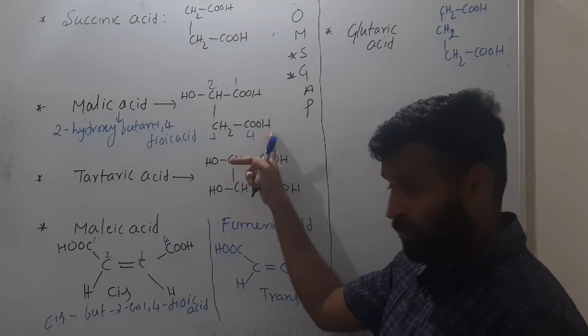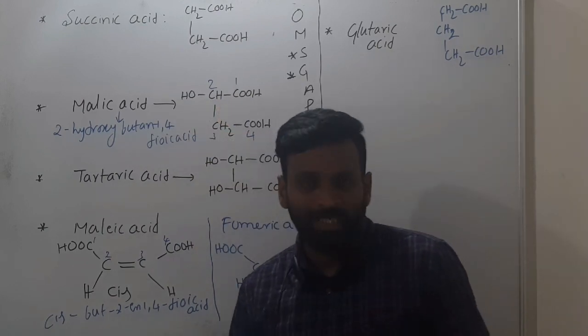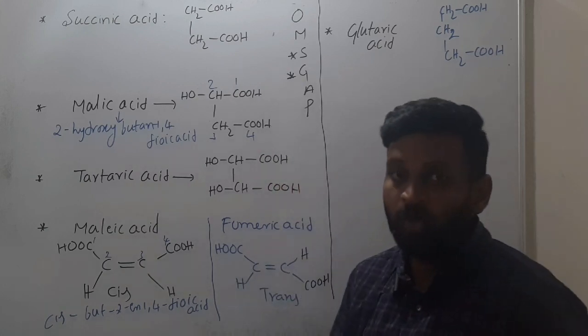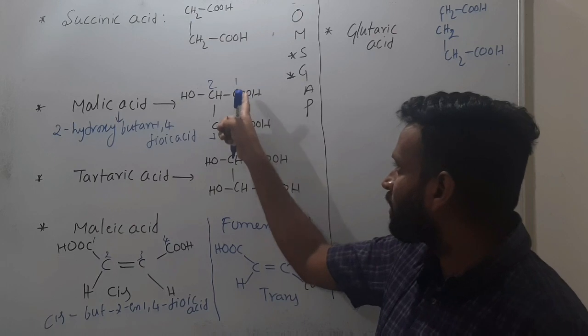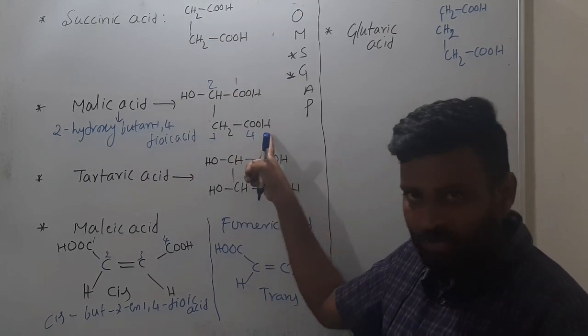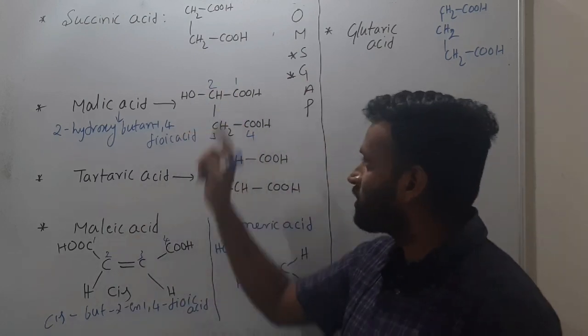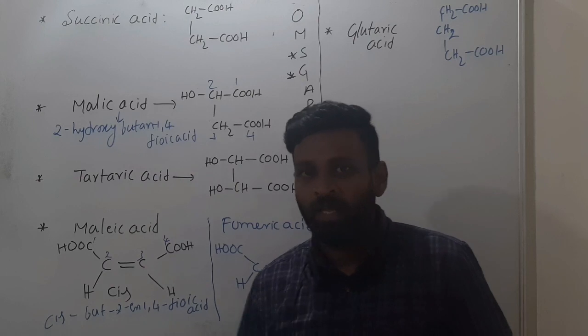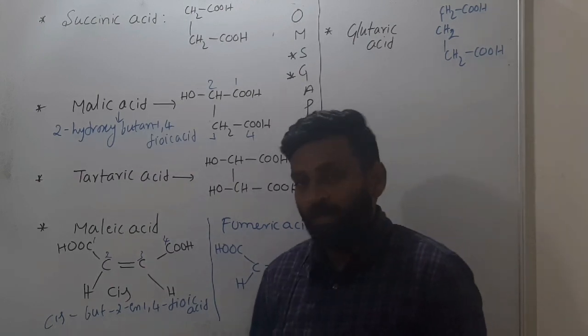This is also COOH now. If you write 1, 2, 3, for substituents even we should give the least number possible here. This is also COOH, so if you start from here, 1, 2 coming, this is also COOH, least number for COOH. So 1, 2, 3 coming, which is better? 1 and 2 is better according to the lowest sum rule. So in that way we have to give numbering.